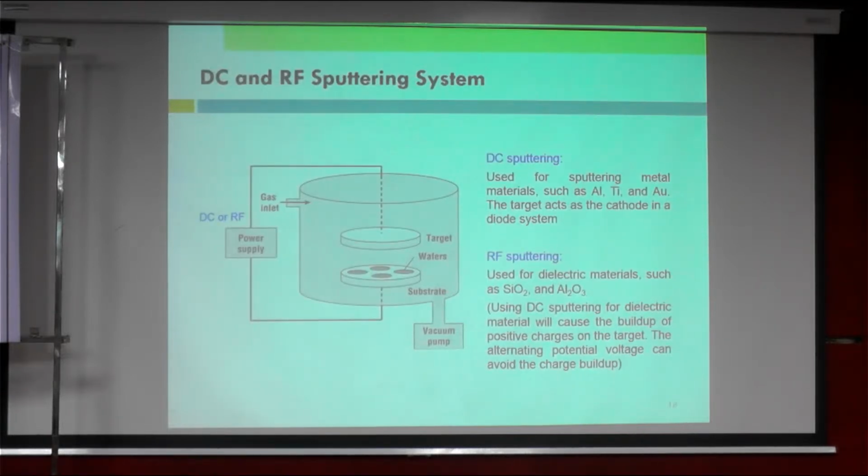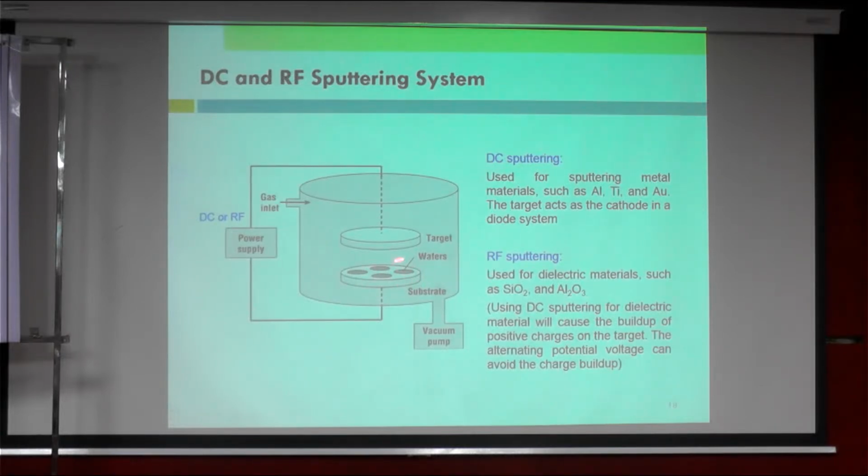So there are two types of sputtering system. One is called DC and one is called RF, direct current and radio frequency power for the sputtering. DC sputtering is used for sputtering metal materials such as aluminum, titanium, and gold. The target acts as the cathode in the diode system.